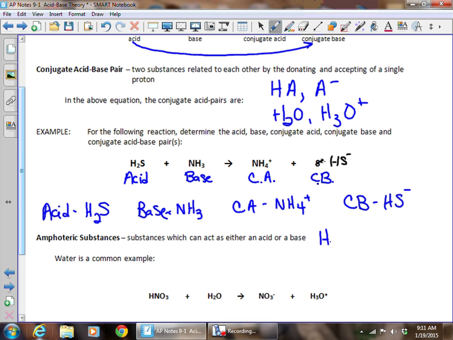So H2S and HS minus are a conjugate acid-base pair. In addition, NH3 and NH4 plus are conjugate acid-base pairs. That's just an example of how to label those. I guarantee you on the test I'm going to have you do something just like that for a chemical reaction.